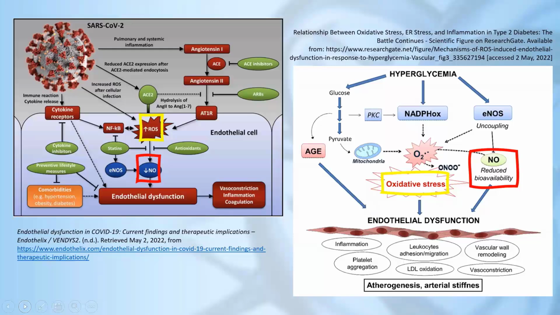These figures are just showing the same thing, where you can have in one case a viral infection, in another case high blood sugar. They will both generate reactive oxygen species and oxidative stress and will reduce the availability of nitric oxide and thus contribute to endothelial dysfunction.